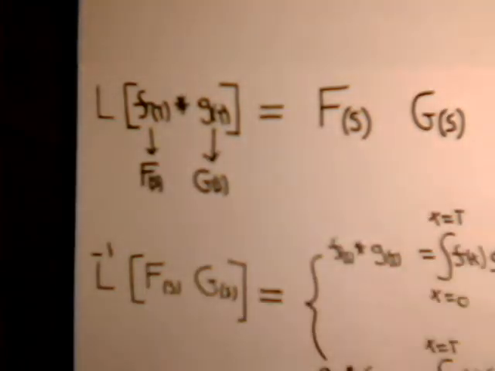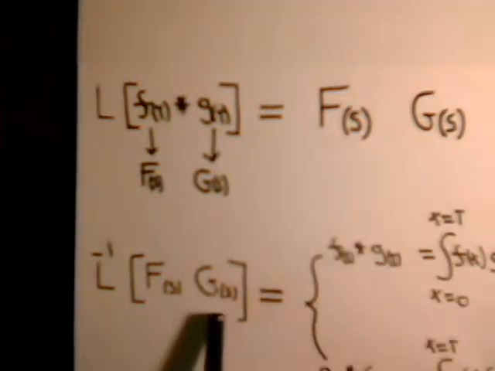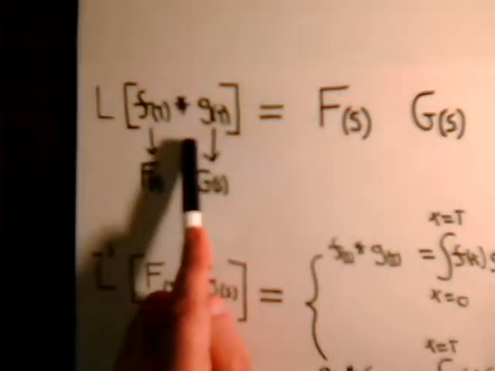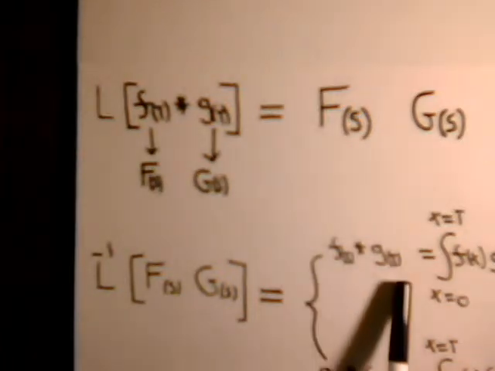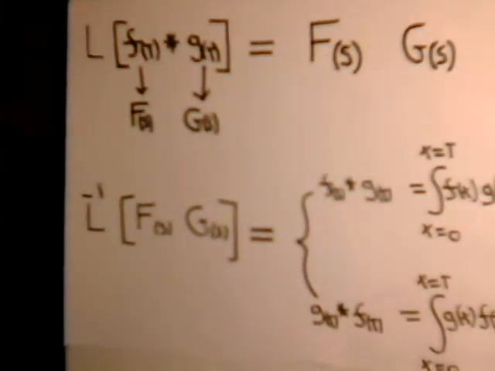If we take the inverse Laplace transform of each side of this expression, here we will have inverse of this, and then that will just be the convolution, written like this, or we can write it in this order.